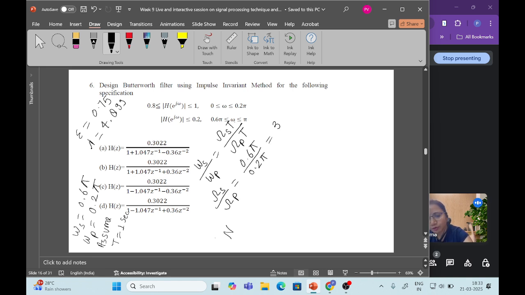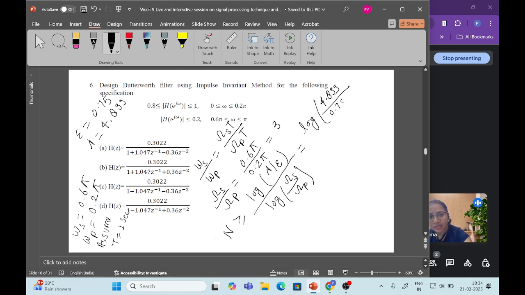Now we need to determine the order of the Butterworth filter. The formula is log of lambda divided by epsilon, divided by log of omega s divided by omega p. Already all these values we have calculated: lambda is 4.899, epsilon is 0.75, and omega s divided by omega p is 3, so log 3.